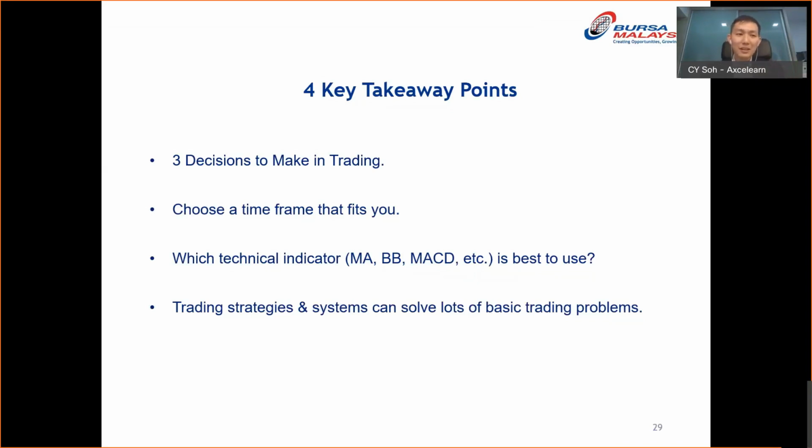Earlier on, I shared with you the 9 most common trading problems that most retail traders face. When you have a good trading strategy, when you have these 3 key elements in building your unique trading method, you have already greatly solved a lot of your trading problems, as well as minimized your trading risk as much as possible.